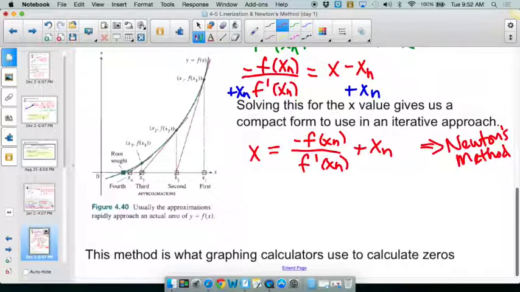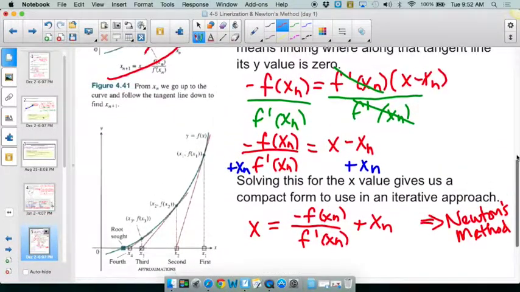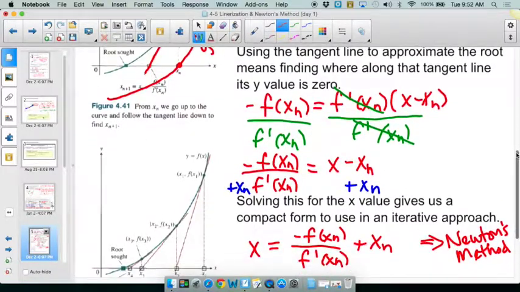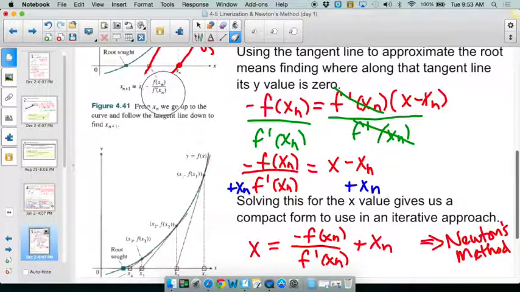In other words, we take our guess, we find the value of our function and our derivative, we put that into an equation, and from that we get a new value for x, and then we start the process all over again. So if you look at this equation, it looks just like the one up here with the terms reversed.